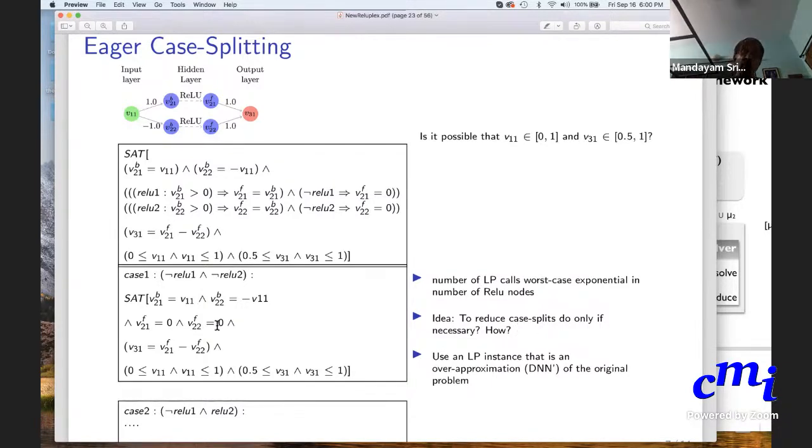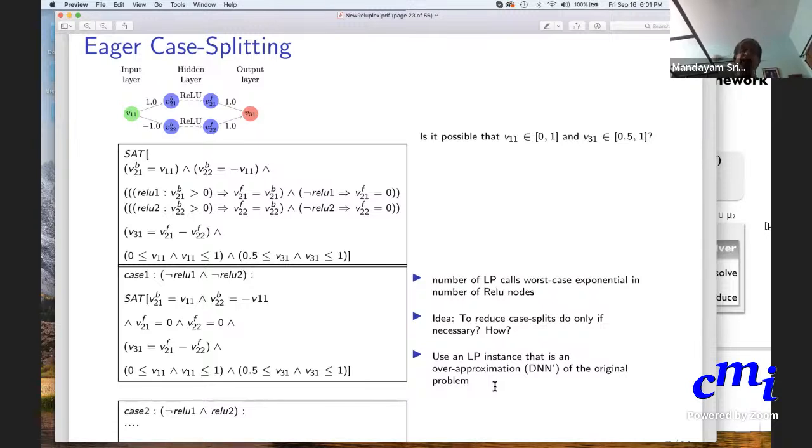So here we reduced it into an LP problem by eagerly splitting, considering all the cases right in the beginning. Whereas what ReluPlex does is it does it in a lazy fashion. It tries to postpone the case splits as much as possible and sees if it can use an LP problem on an LP instance that denotes an over approximation of the original problem, and then get away without case splitting.